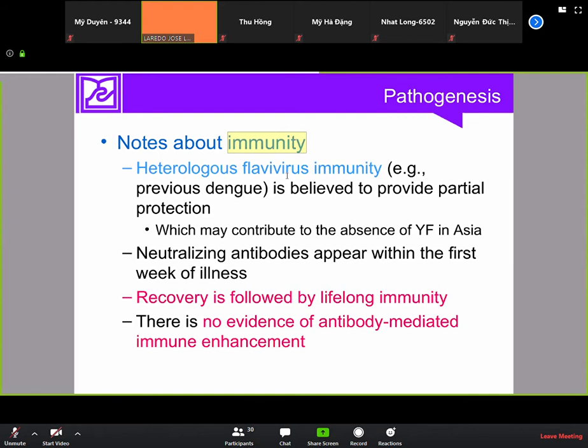So maybe this is one of the reasons why we don't suffer yellow fever in Asia, but we are not very sure. So, cross reaction between all flaviviruses. When we suffer yellow fever, after recovery, the protection is forever, lifelong.